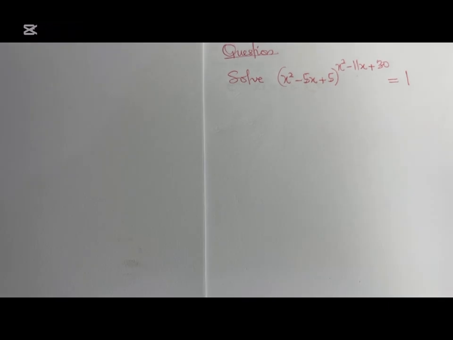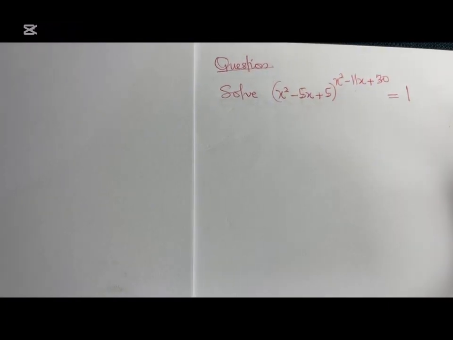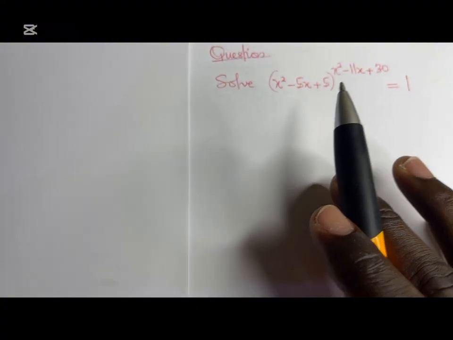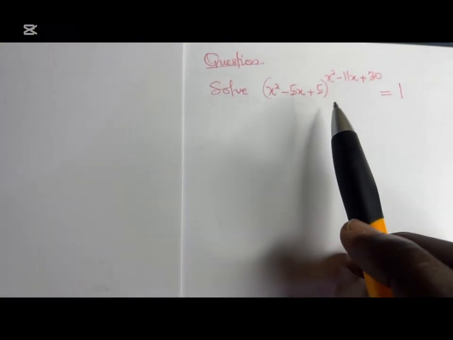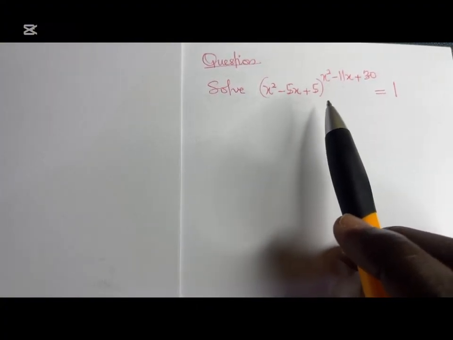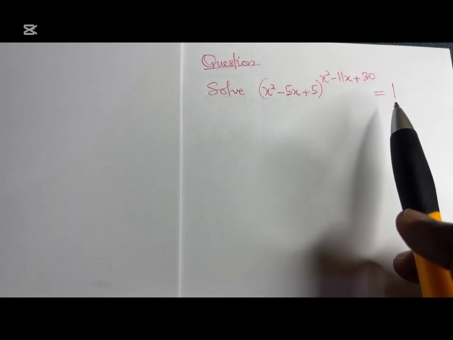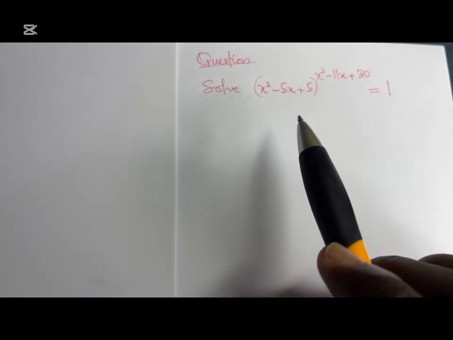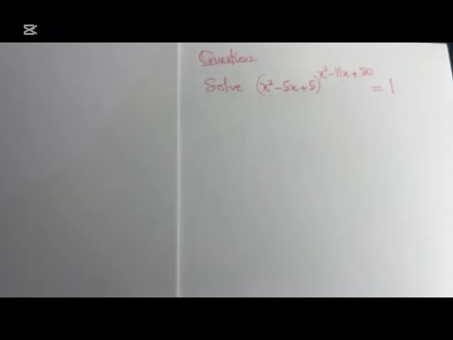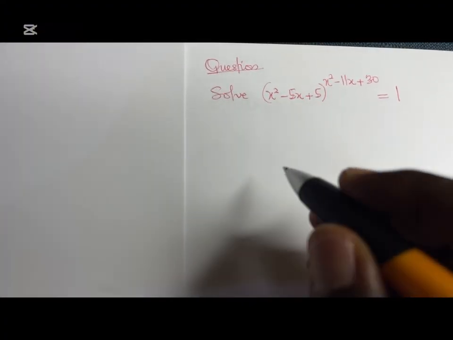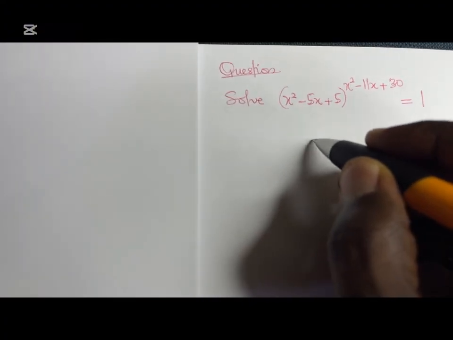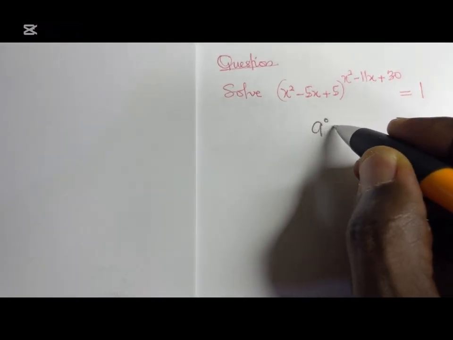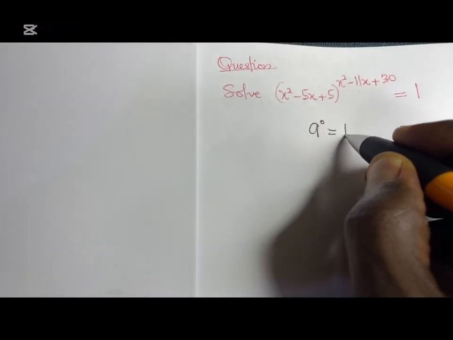Here we have another interesting question, and this employs the use of indices. Check it very well. We have to satisfy this equation. Now, for every indices, we know that the law says for every base of a number, a exponent 0 should be equal to 1.